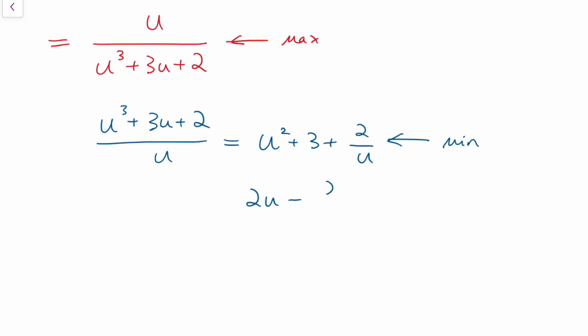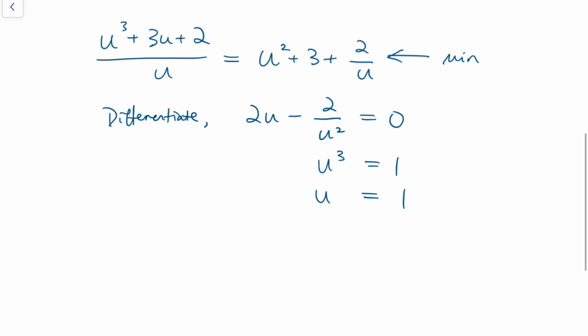Then I differentiate, and I have 2u minus 2 over u squared, which equals 0. Simplifying, we should have u cubed equals 1, and so u equals 1, because I'm looking for real values of u.